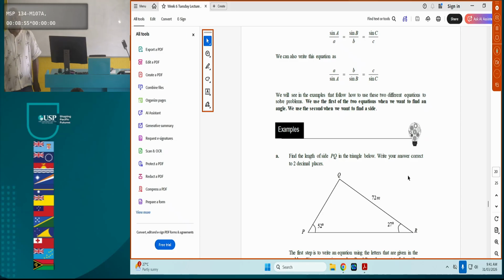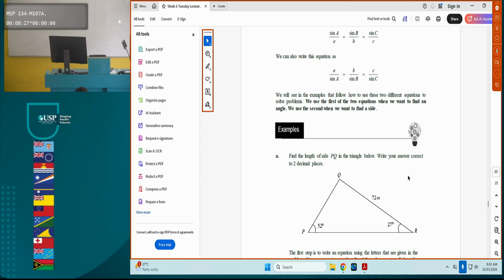Which side are we asked to calculate? PQ. According to our labelings, which side is it? We are using angles P, Q, and R. So we are asked to find this length.